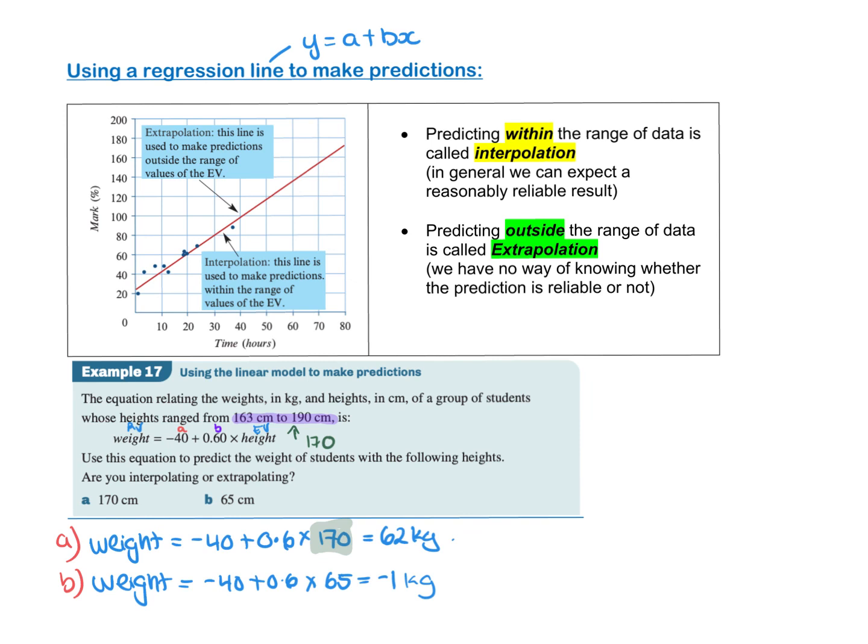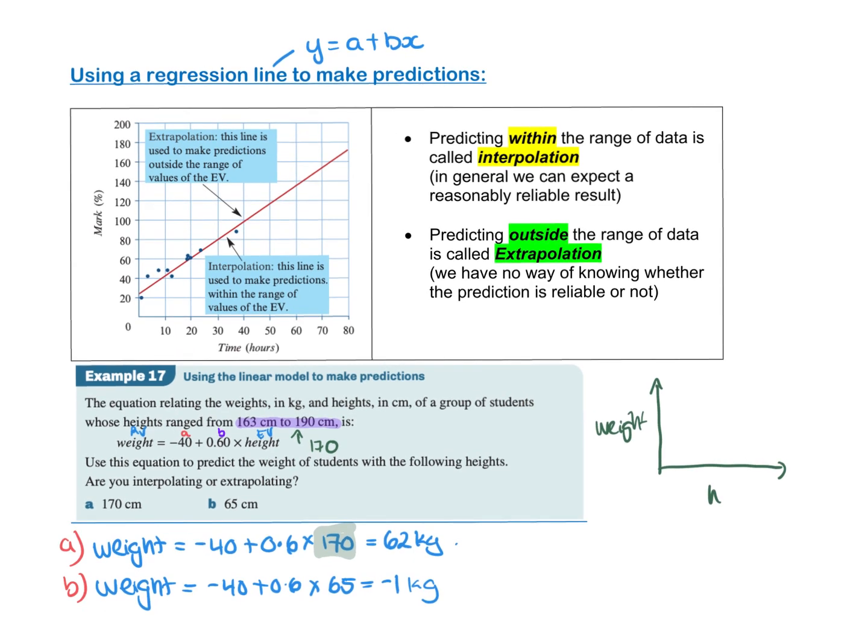So if you have a look up on the scatter plot, oh no, it's a different one, sorry. But if you think about it, if we had this as a scatter plot, I'm going to do it for you. So if we had weight and height, what you'd see on this scatter plot is the first dot would be 163 height and the last one was 190.